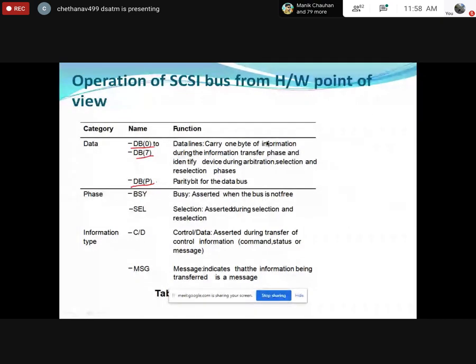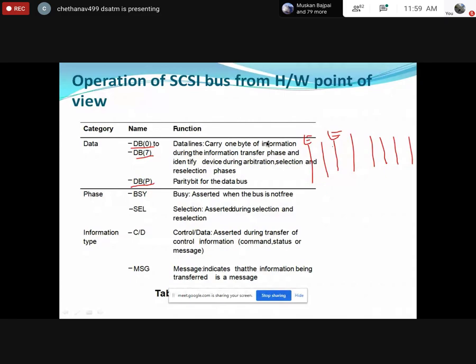Suppose 8 lines are there, so this may be even parity or odd parity. Based on the parity bit, you can select the data buses.